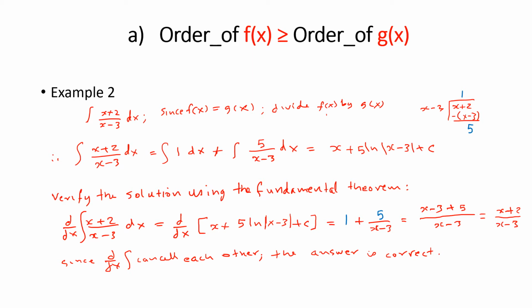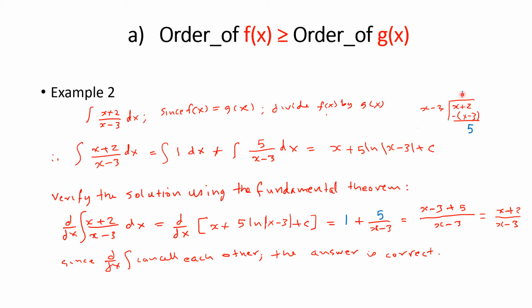We know that it's regular division, so we're going to go ahead and divide f of x by g of x, and this is what we're going to get. So x plus 2 divided by x minus 3.